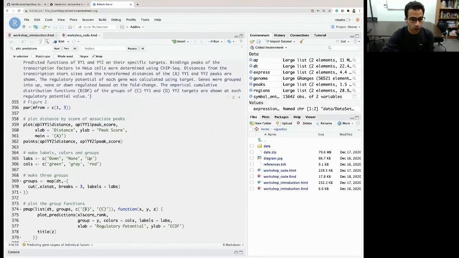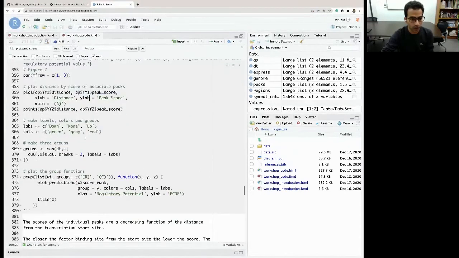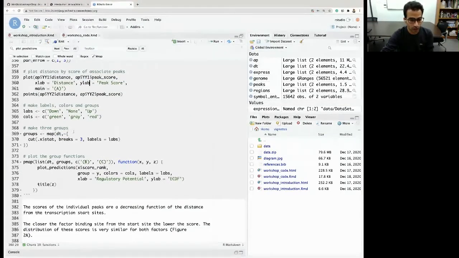Okay, so here I'm showing first how the distances that we got from the transcription start site correlate to the scores that we calculated. And then, to divide the genes into groups, I'm using the cut function from base R, based on the statistics, which is the fold change, to divide all the genes or targets into 3 groups specifically, and give them these labels and distinct colors.